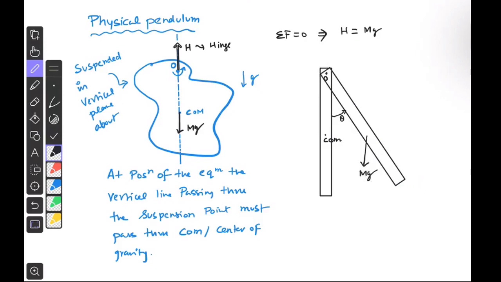Torque due to whatever hinge reaction there is will be 0. So it can stay in equilibrium only when net torque is 0. That is only possible if the mg line of action is the same as the line of action of the hinge reaction.